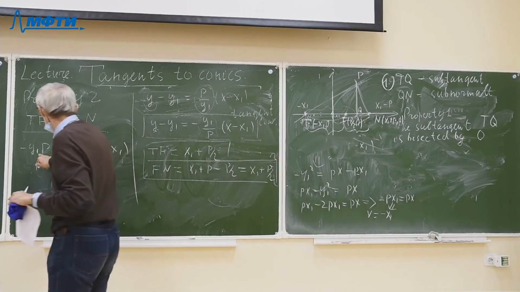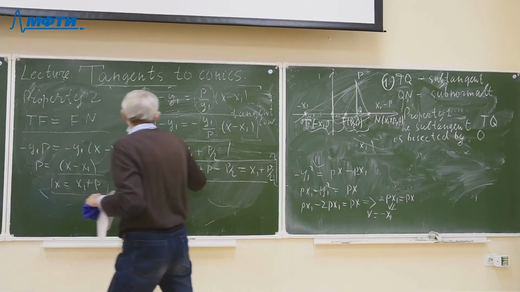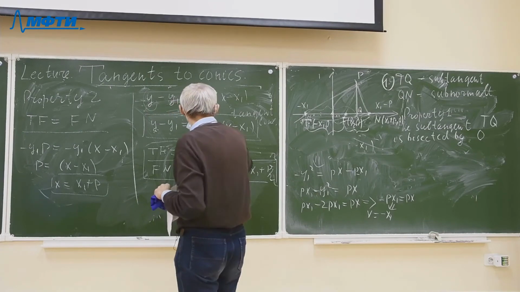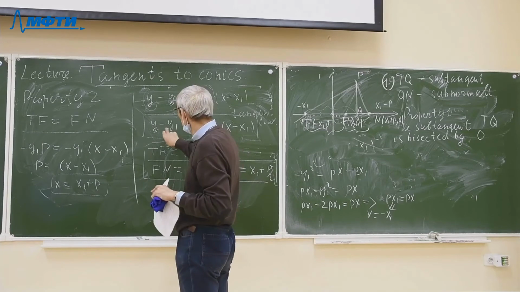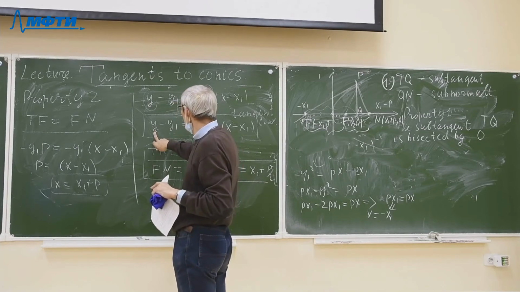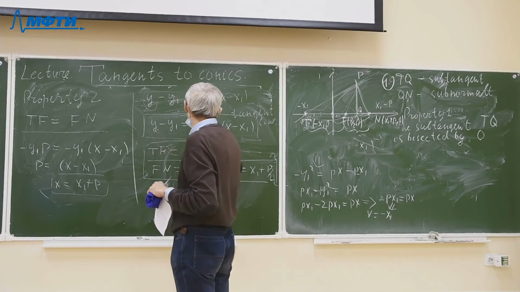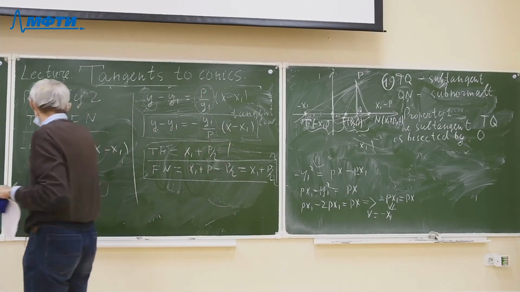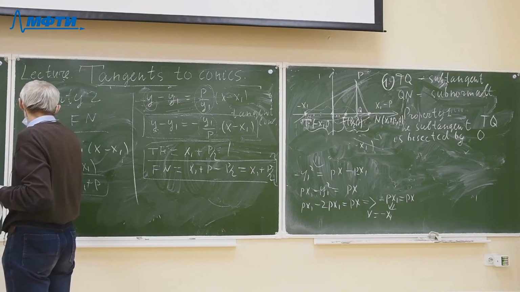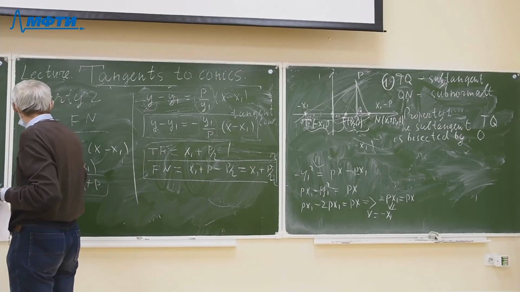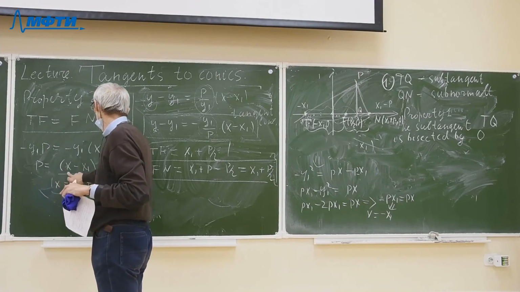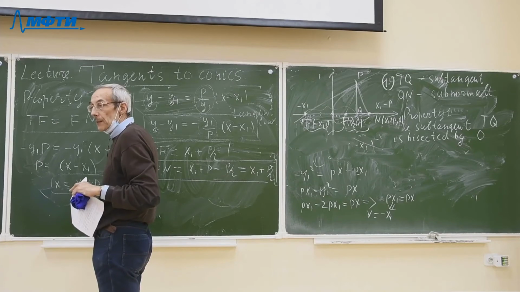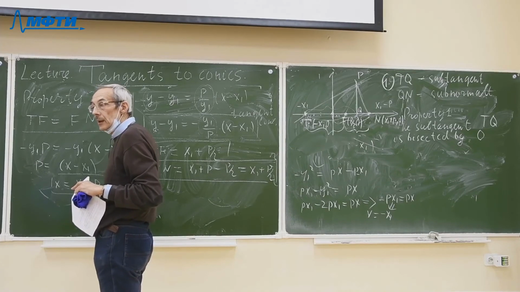Our calculation is the following. In this equation we put the value y equal to 0, and divide by minus y1, and obtain p is equal to x minus x1, and x is equal to x1 plus p. Do you understand this calculation?